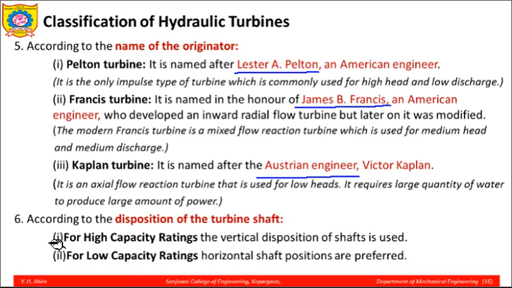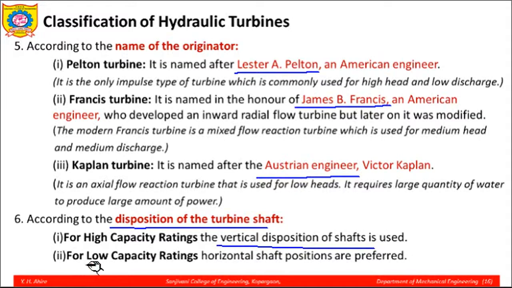The last criteria of classification is based on the disposition of the turbine shaft. It essentially means the position of the axis of the shaft. For high capacity ratings, the vertical disposition of shafts is used. Okay.